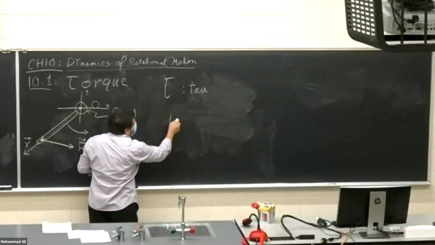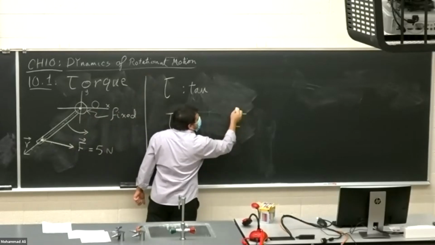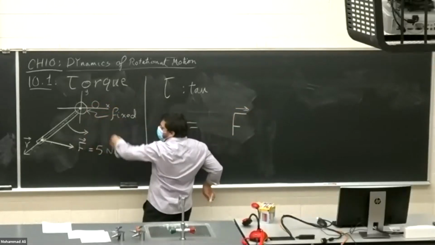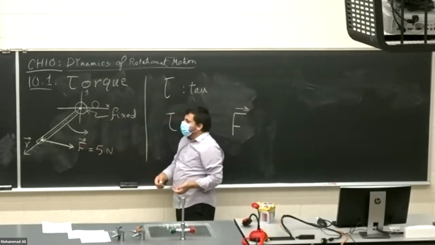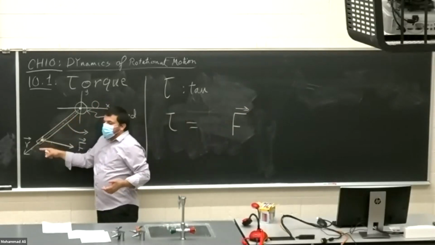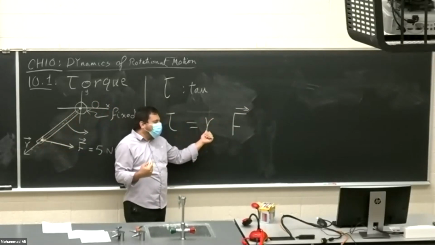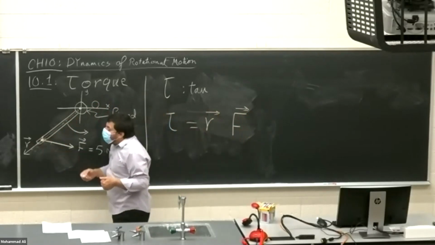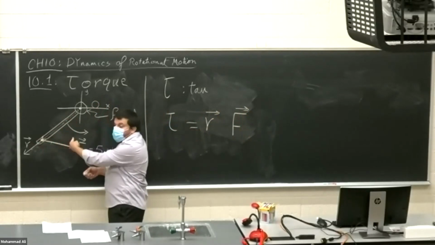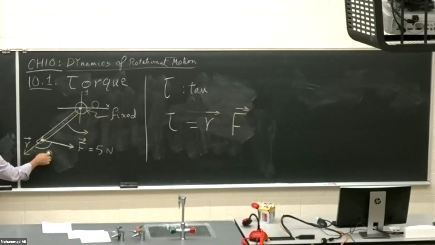The torque has a formula connected with the force, because the generator of the torque is the force, and the torque will depend on R. So in my equation, I must see R and F. F is a vector, and R is also a vector. And I also need the direction between them, this angle theta between R and the force.